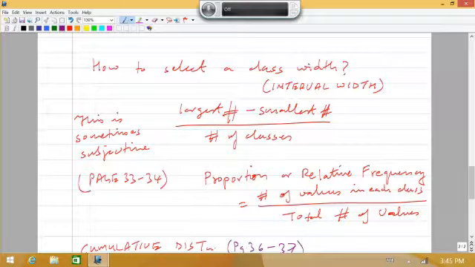Sometimes the midpoint helps you provide a graphical representation of the table in terms of a line graph or a scatter plot. So it has some usefulness, and that's why we sometimes are interested in knowing the midpoint.